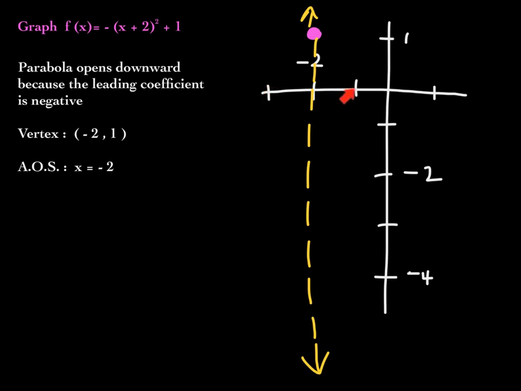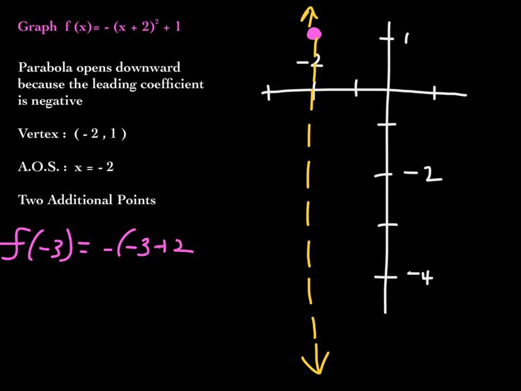Remember, you can plug in whatever you want, but I suggest -3 or -1. I'll go with -3. So when I plug in -3, I get negative, and then (-3 + 2) squared, and then plus 1. Don't distribute this negative on the outside.